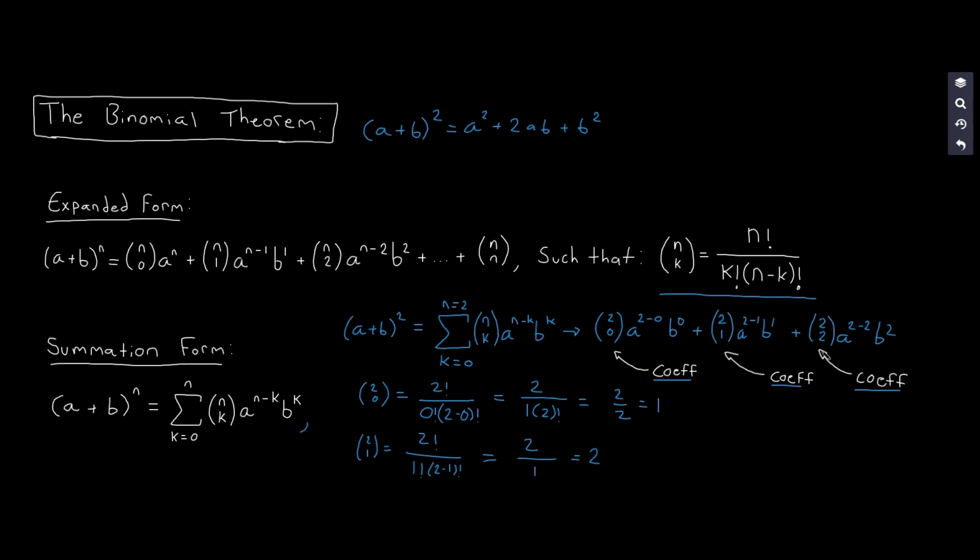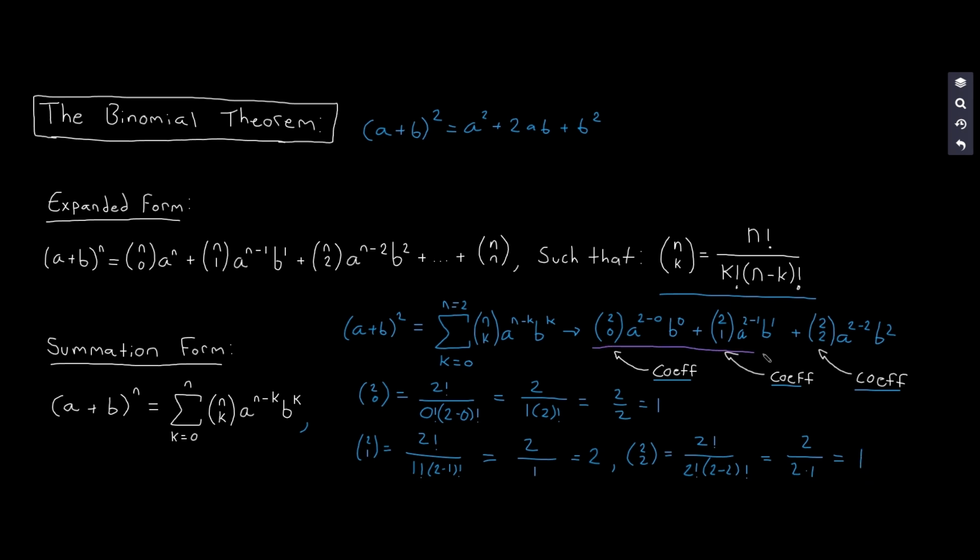For this third coefficient, 2 choose 2 is equal to 2 factorial over 2 factorial times (2 minus 2) factorial, which is the same thing as 2 over 2 times 1, which is just going to be 1.